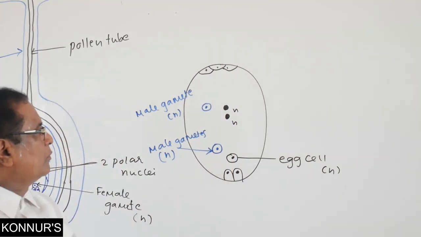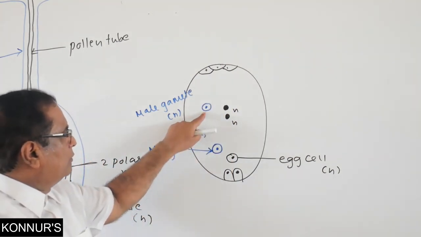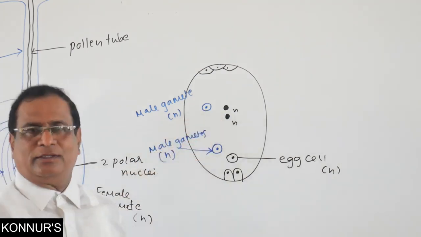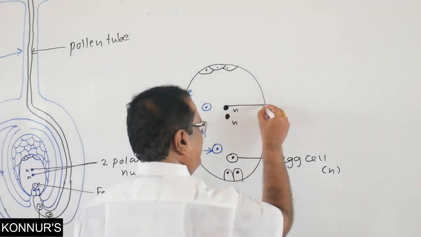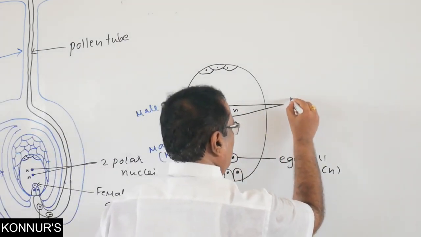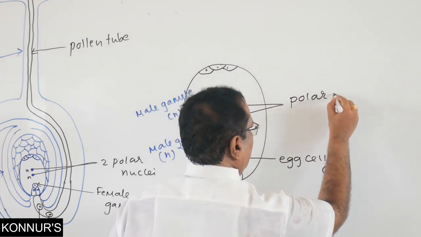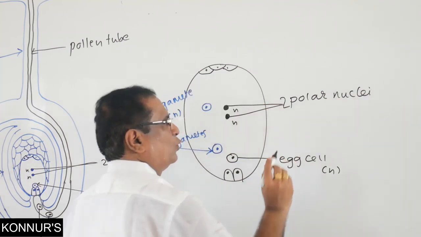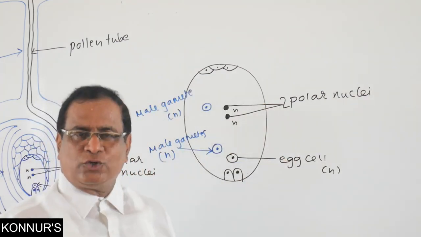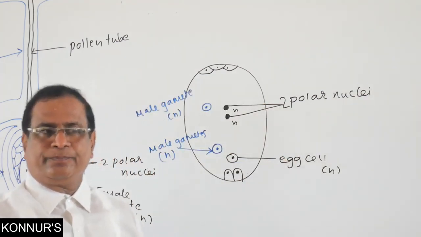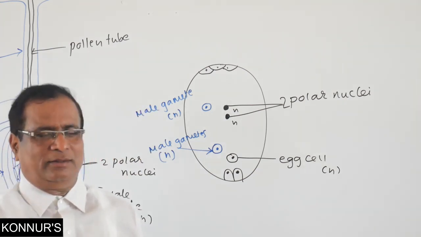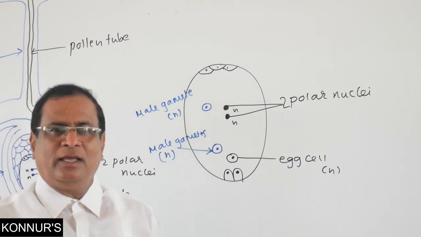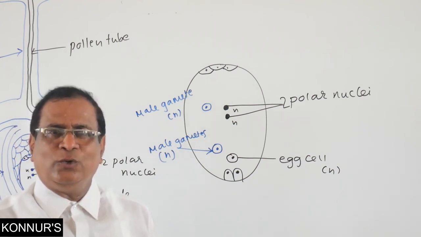Here, this haploid male gamete fuses with the two haploid polar nuclei, leading to the formation of a triploid nucleus. That triploid nucleus is the primary endosperm nucleus.